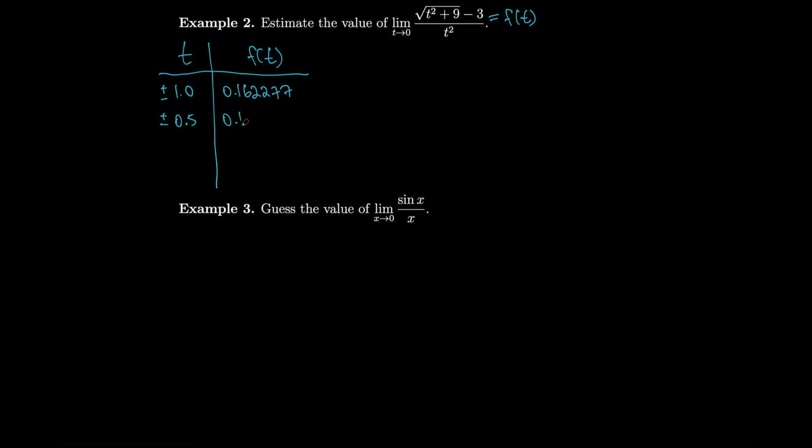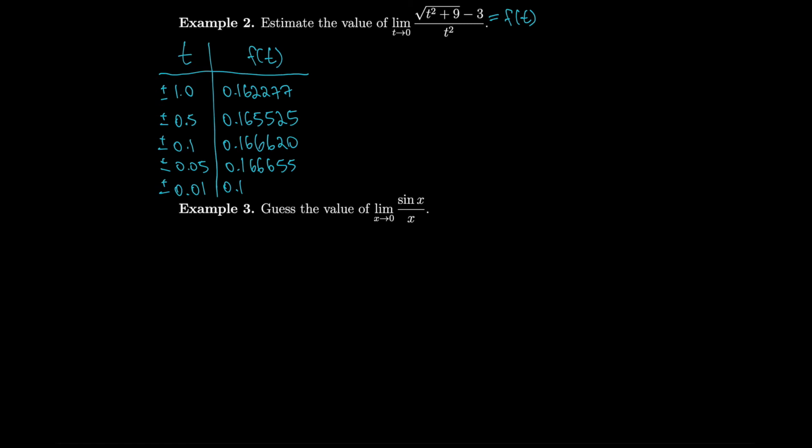That'll be 0.165525. If I look at plus or minus 0.1, then that's 0.166620. Plus or minus 0.05 gives us 0.166655. And you could probably see where this is going now.